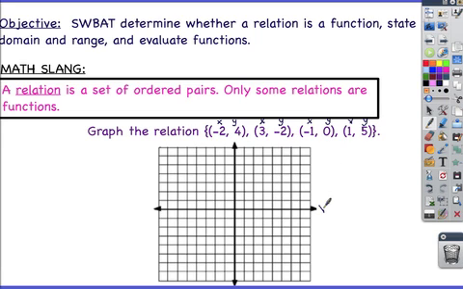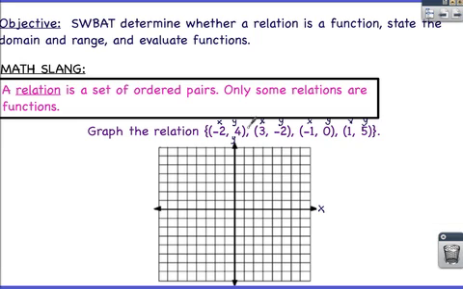And we have our x-axis and our y-axis. So now to graph these points, we have -2, 4. So I move -2 on the x-axis and +4 on the y-axis, and that's where that point goes.